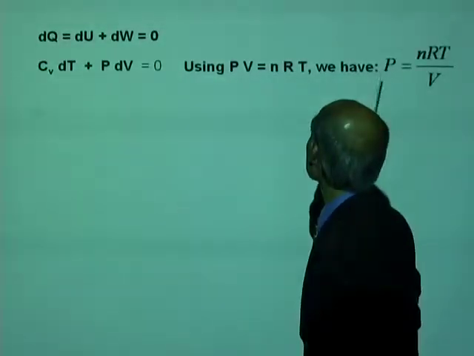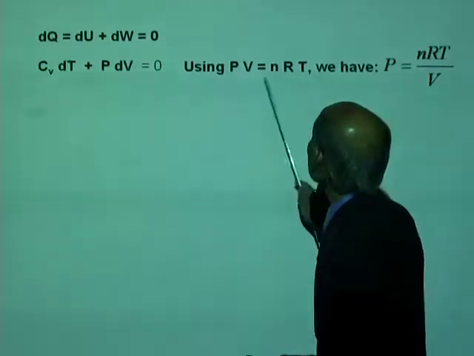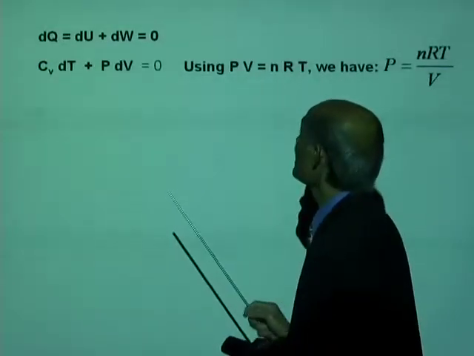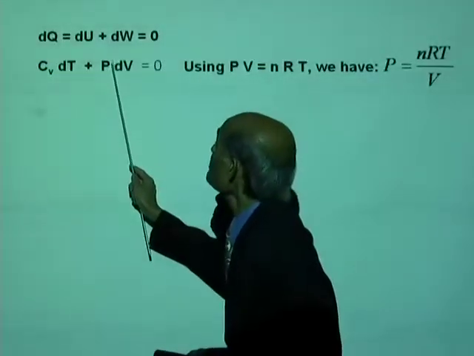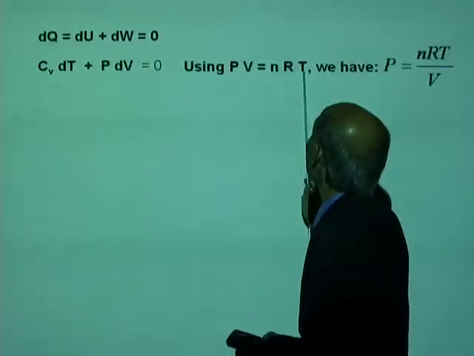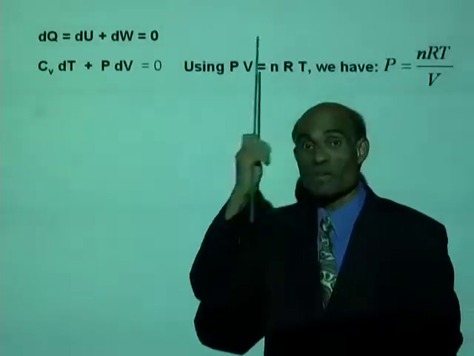Is that right? We can find P equal to nRT divided by V. So what happens if you replace this P by nRT divided by V?